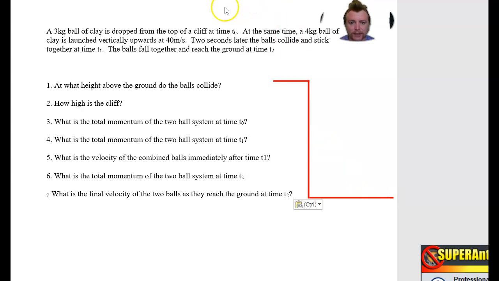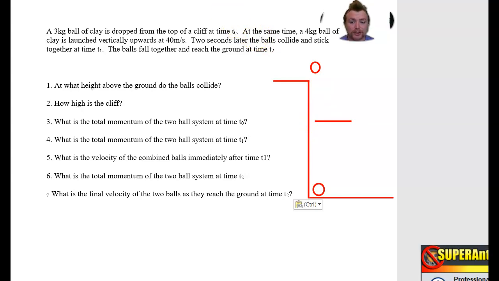I have one ball at the top just dropped, one ball at the bottom. We're just going to go ahead and assume that somehow it was launched from the exact bottom of that cliff. At some point, 2 seconds later, we know that they collide here.